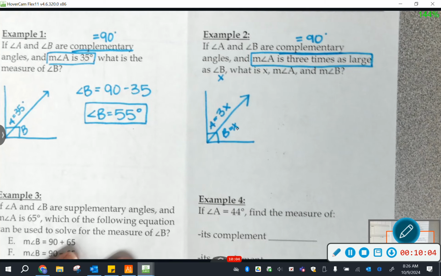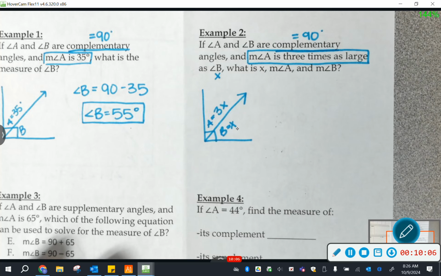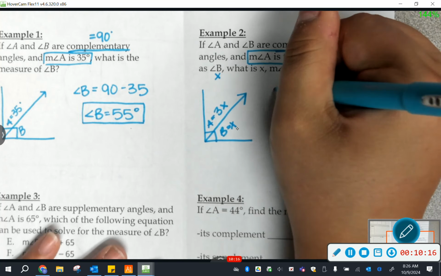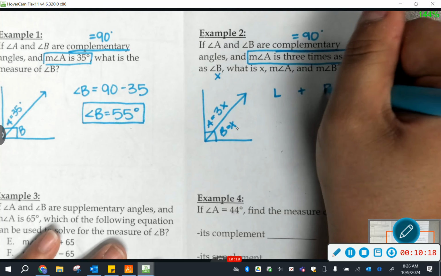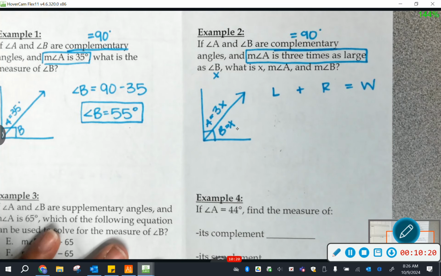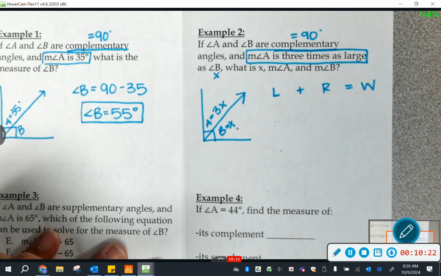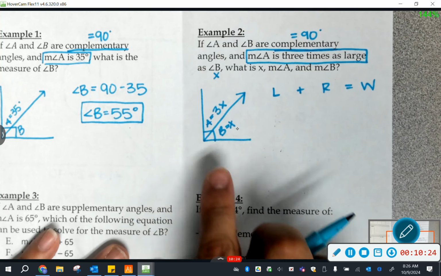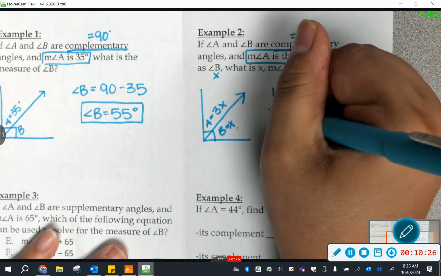How would I solve this? What would I do here? What formula that we've learned can I use to figure this out? I can do left plus right equals whole. What's to the left here? What is A equal? 3x.